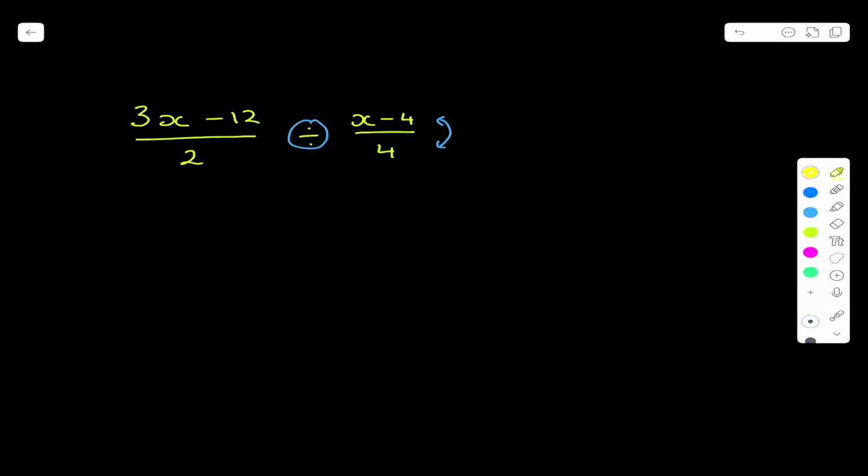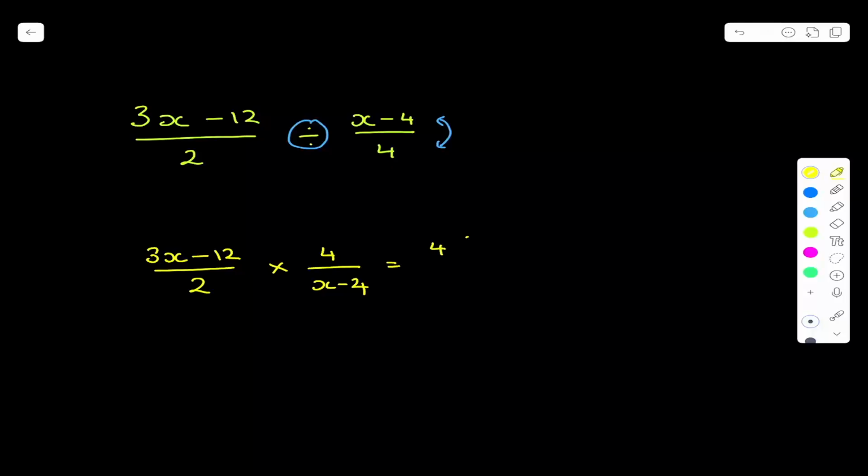Okay, welcome back. Hopefully you've given this a go. Let's check your answer. So this still stays 3x take 12 on 2. We're going to change the symbol to a times and flip the second fraction around. You have 4 on x minus 4. Okay, then we're just going to do top times top.